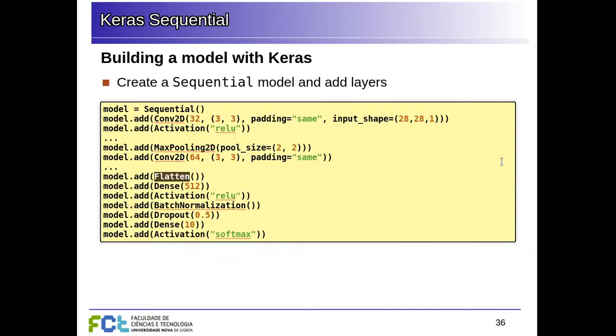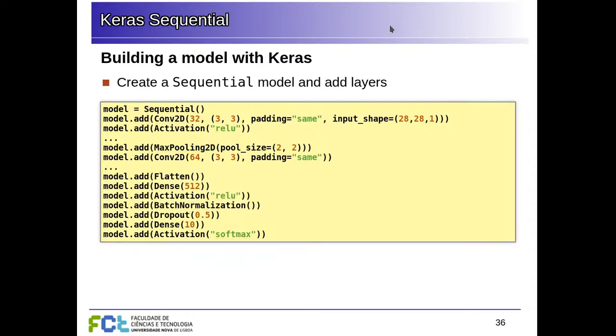We don't want to flatten that one. Basically, you're going to use flatten when you step from convolutions to dense parts of your network, because you need to adjust the input, not be a multidimensional feature map, but be one vector for each example into the dense layers. And now we also add the activation, and here we can include batch normalization, dropout, and so forth to help with regularization.